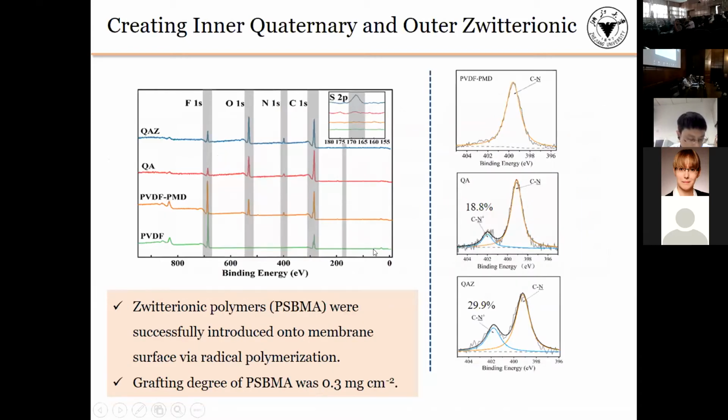From the XPS, according to the wide scan and the core-level nitrogen signals, we confirm the sulfur and also the quaternary ammonia group. According to this result, we can calculate the grafting degree of SBMA was about 0.3 microgram per centimeter square.